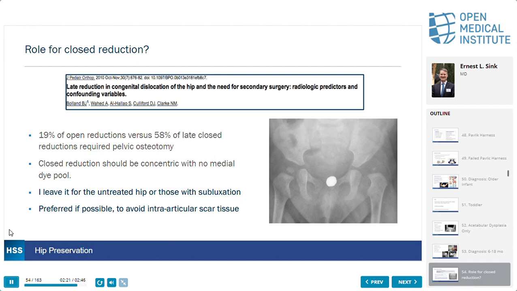The key point is try to do it closed with Pavlik screening, Pavlik and bracing. If that doesn't work, then you have to reduce the hip. And this is where there's variation. I prefer closed reduction if possible and try to do it before walking age. If it fails, then I do open reduction. Does that make sense? And I like to get the hips in before walking age.